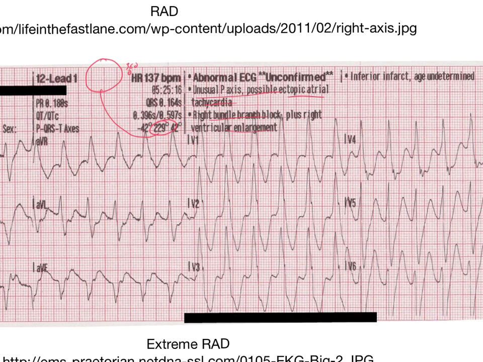You have to make that call. So that's why it is helpful to know both looking at the axis and the lead method for determining axis. You guys okay with that?